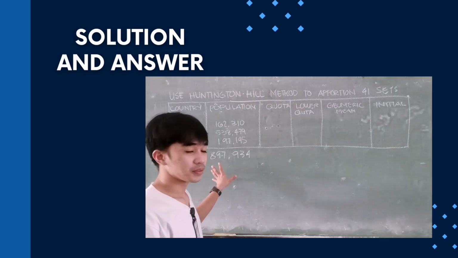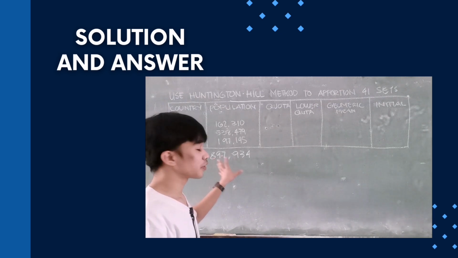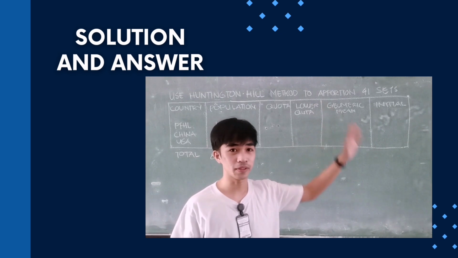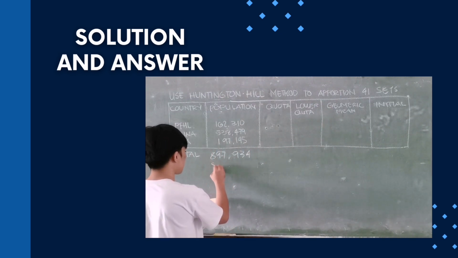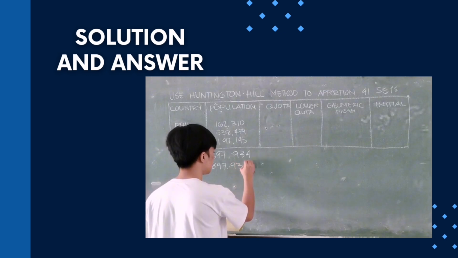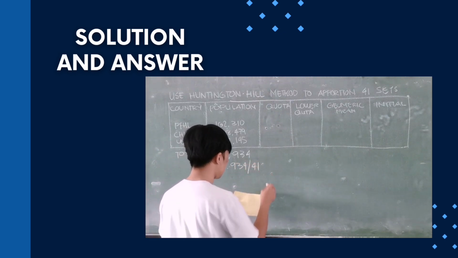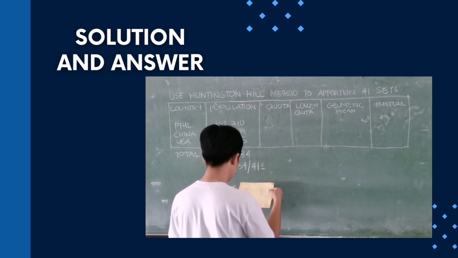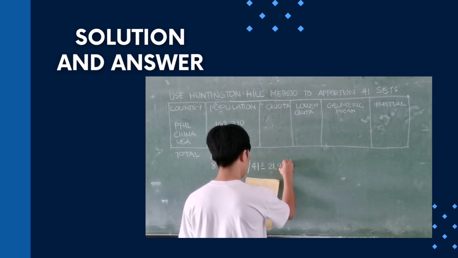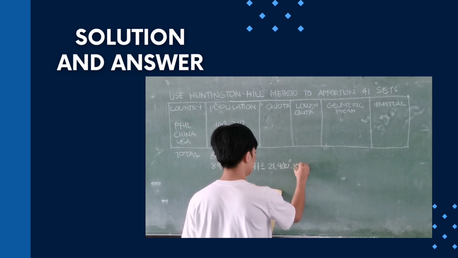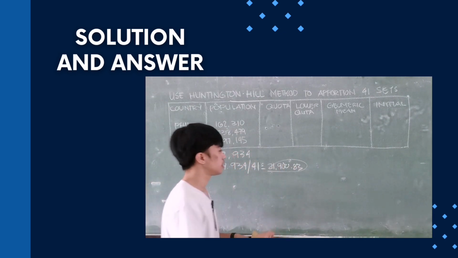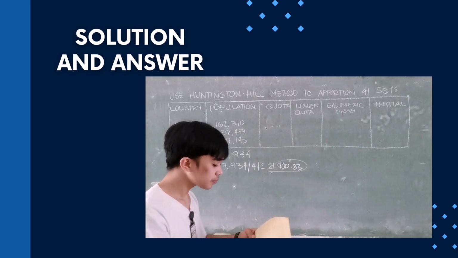So we have our total population here. In order for us to find our divisor, we need to divide this by 41. So we have our divisor here.